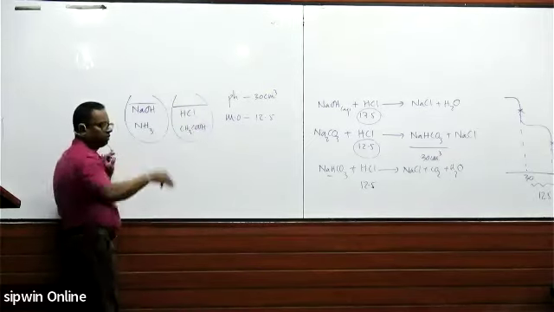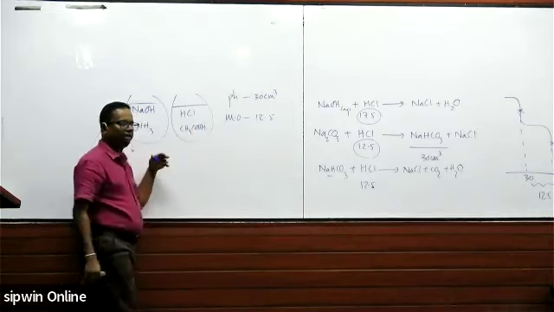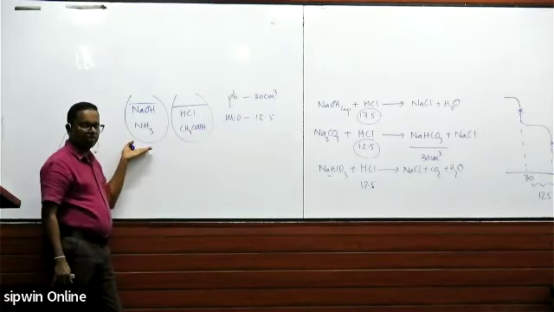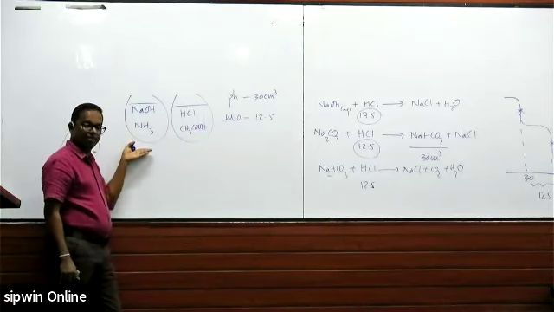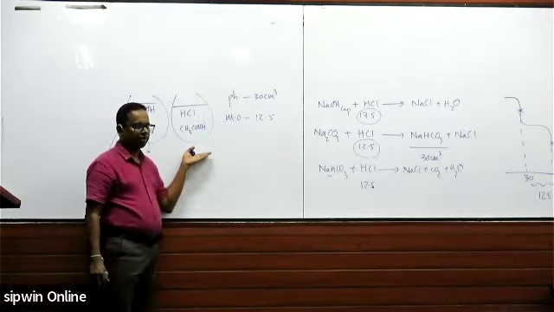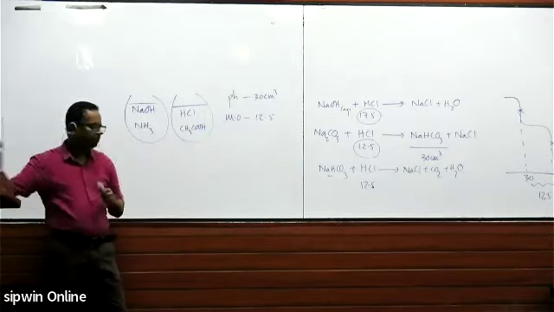Parallel to this one, a simple idea about this one. You have this kind of mixture. If you do a titration with HCl, what happens? If you do a titration with sodium hydroxide, what happens? Okay. We'll think about that one.